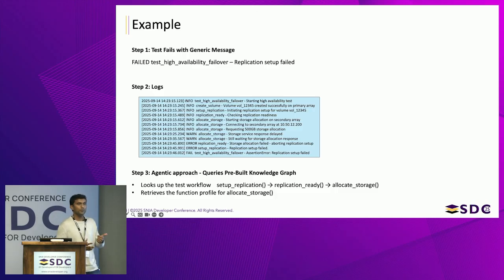One is a normal query, the other one is a semantic query. The normal query is, given a test, given a function, what other functions or what other tests are covered. Given a function, what other function is covered. And the other kind of query is a semantic query. This is the reason why we chose a graph database.